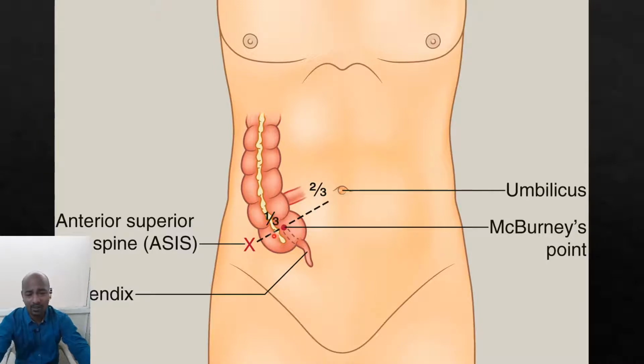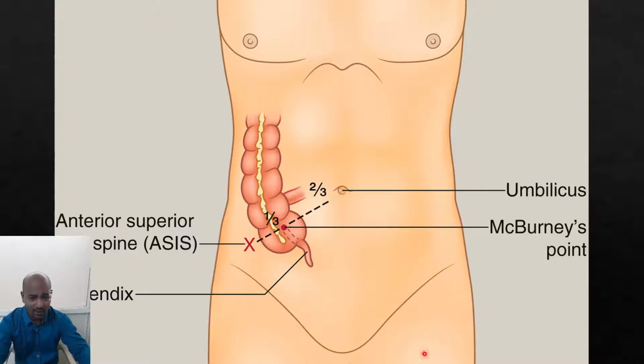Okay, McBurney's point. So that is the surface marking for the base of the appendix, but it's not always situated here. It may be slightly above or below, but that is the most common surface marking and the most common location for the base of the appendix.